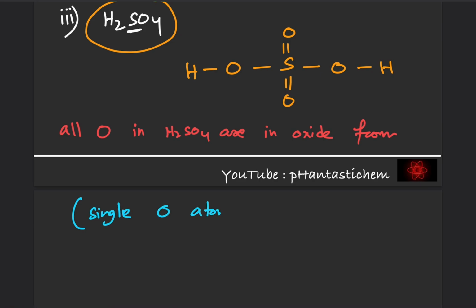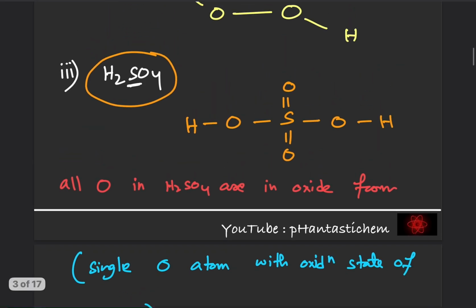So you can see on each individual oxygen, this oxygen is more electronegative than sulfur, so it will have a -2 charge because there is a double bond. This oxygen will have a -2 charge because it is more electronegative than sulfur, right? This oxygen will have -1 from here and -1 from here, again -2 charge total. This oxygen also -1 and -1, -2 charge. So all these oxygens are in the oxide state.